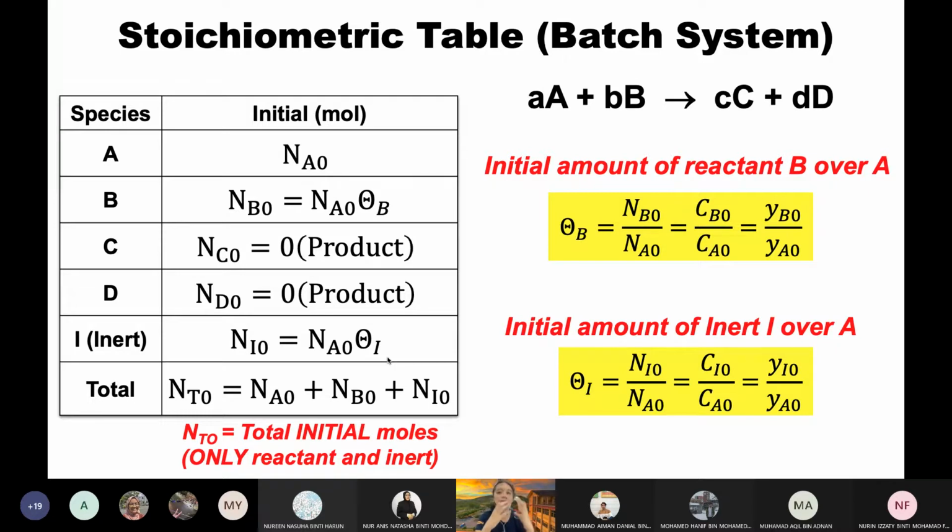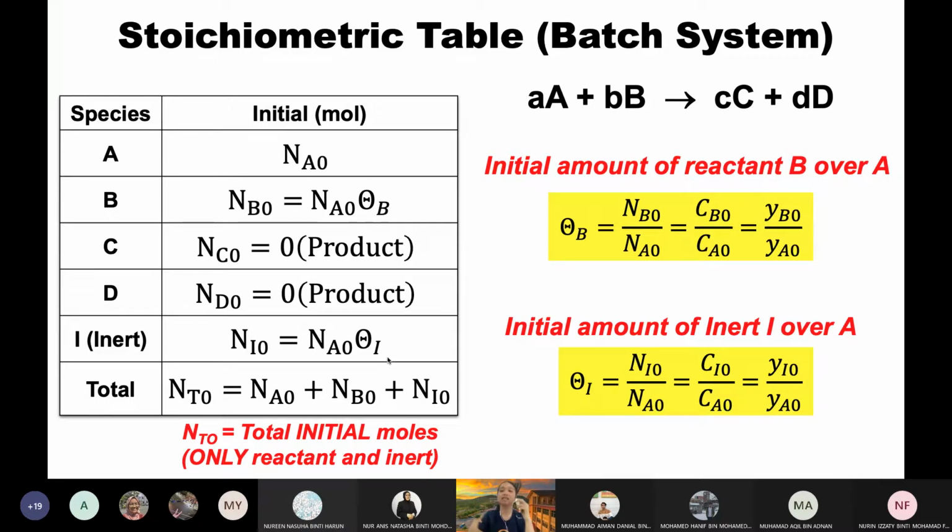So theta B equals to 0.3 divided by 0.3 sebab YB naught divided by YA naught, theta B is actually 1. Okay, what about theta I? So theta I will be equals to 0.4. Sebab tadi dia kata 40 mole percent kan? 0.4 divide by 0.3. YA naught was 0.3. So you get lah your theta I. So that's the calculation that you need to do to understand theta I and theta B.